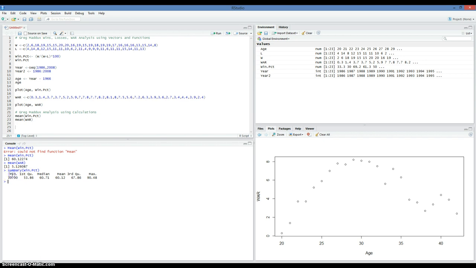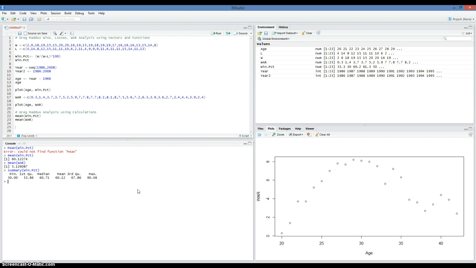For instance, the minimum value was 30, the first quartile was 53.86, the median was a 60% winning percentage, the mean was a 60% winning percentage, the third quartile was 67, and the maximum winning percentage was 90. If you're looking at the mean, you're also probably going to look at these other values to really find out what your data distribution looks like.